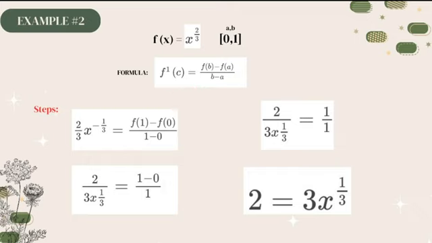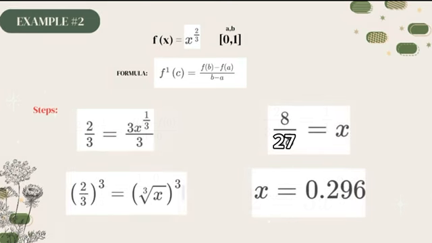After that, ilalagay natin yung x sa baba, which is the result of 2 over 3x raised to 1/3 equals 1 minus 0 over 1. After that, magka-cross multiply tayo, which is 2 times 1 equals 2, and 3x raised to 1/3 times 1 is equals to 3x raised to 1/3.